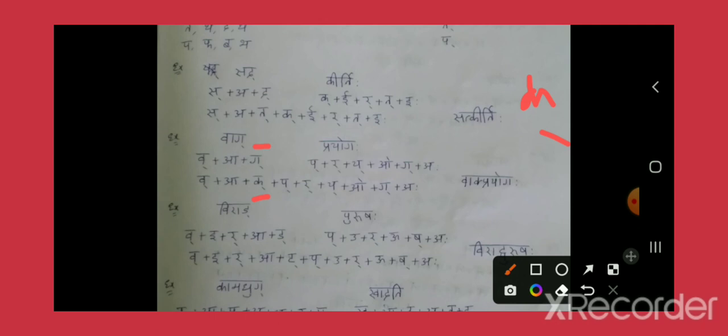This is kakara. So this gakara will be replaced by its first letter of that varga, and all the rest of the letters will remain as they are. On the right hand side, nothing changed. So vag plus prayogaha became vak prayogaha. This is the second example.